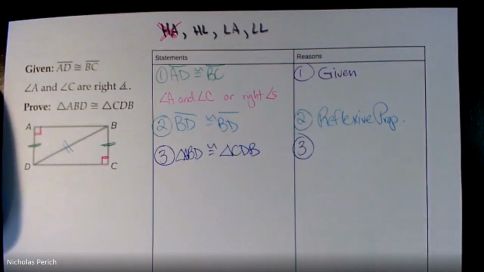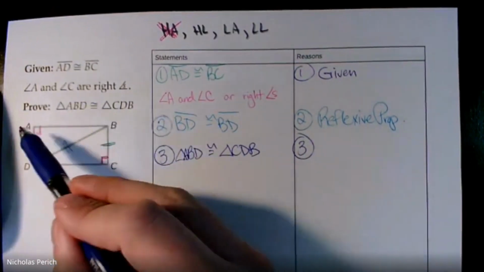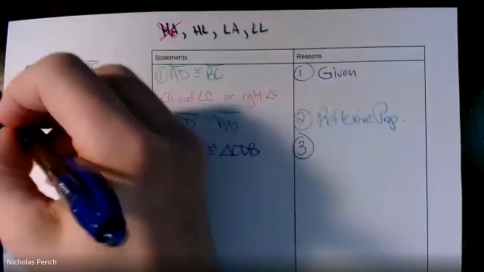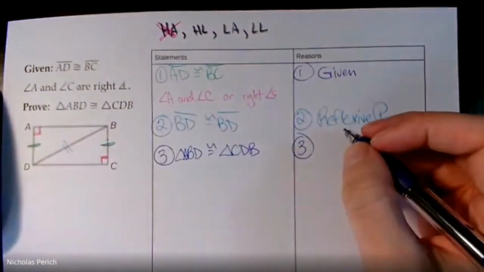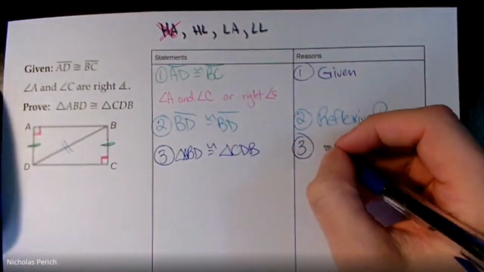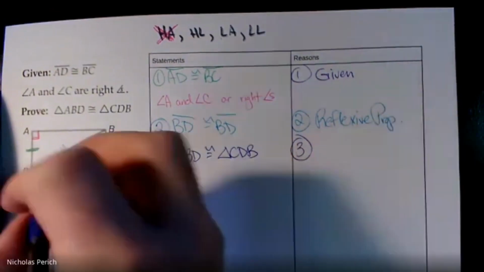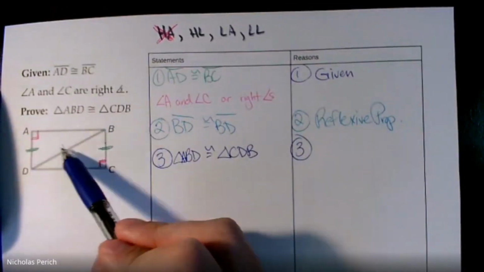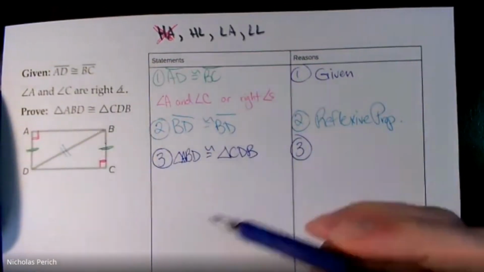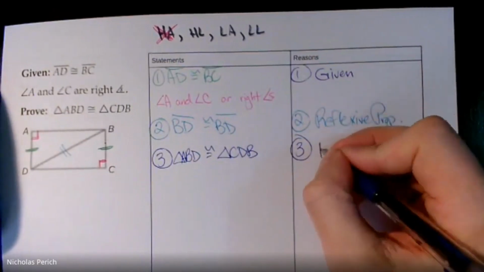It would be the HL, because I have two hypotenuses that are the same, and I have two legs that are the same. Since this is a right triangle, I'm automatically given an angle. A hypotenuse is the longest side of a right triangle. So if you were to isolate one of these right triangles, the longest side would be DB or BD, the slant. What do we use? HL.